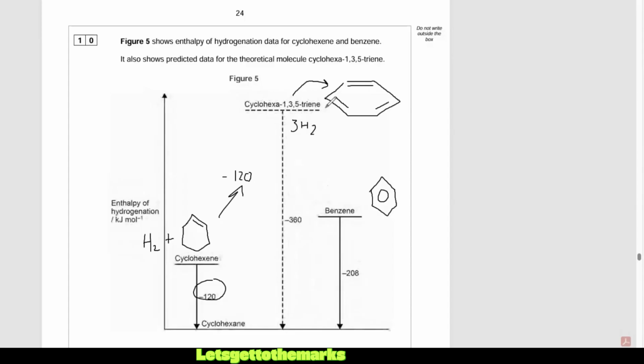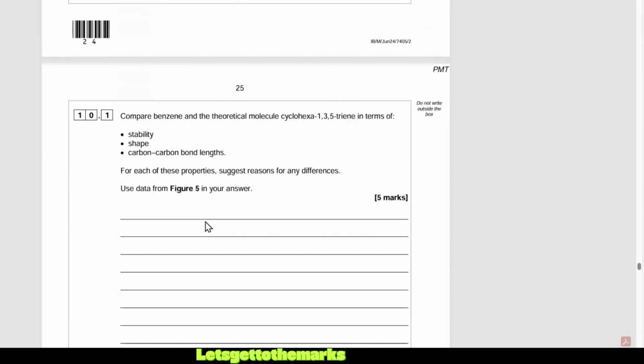That should be the combination because you're adding 3 hydrogens, so it should release 360. Whereas if benzene had the cyclohexa-1,3,5-triene structure, benzene should also be minus 360, but it's not. Benzene is minus 208, so you can see there's a 152 kilojoule per mole difference between the cyclohexa-1,3,5-triene and the benzene.